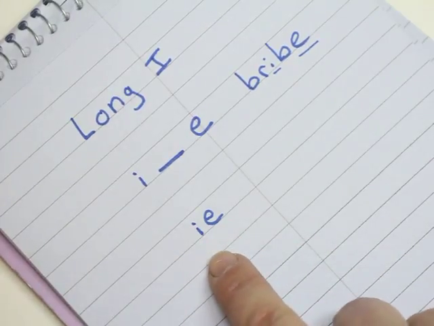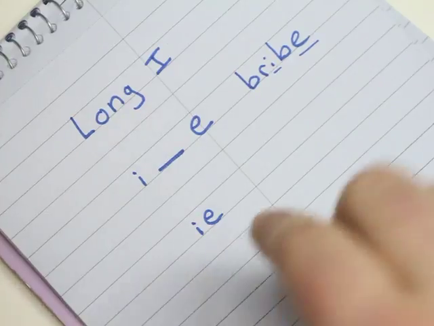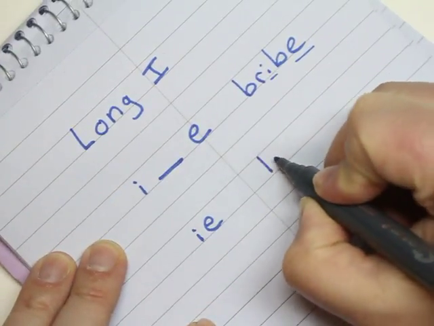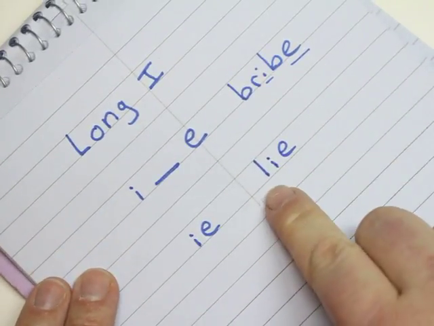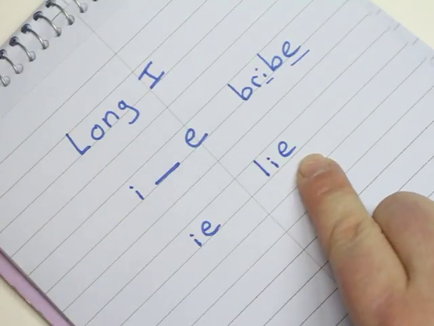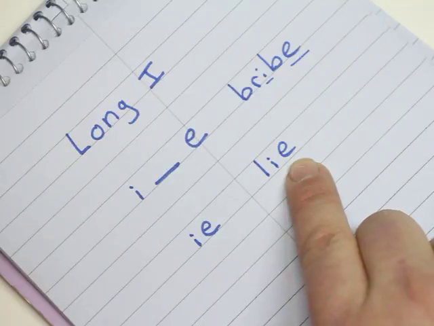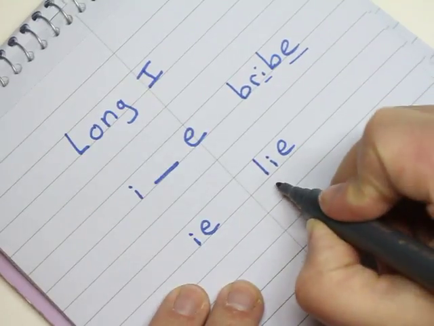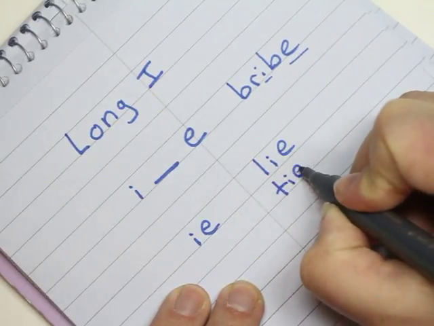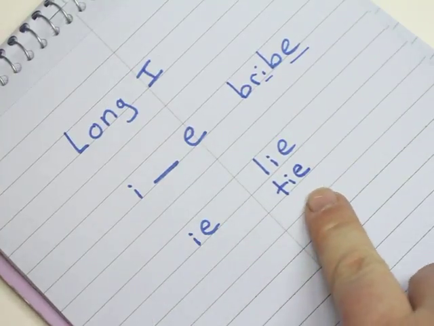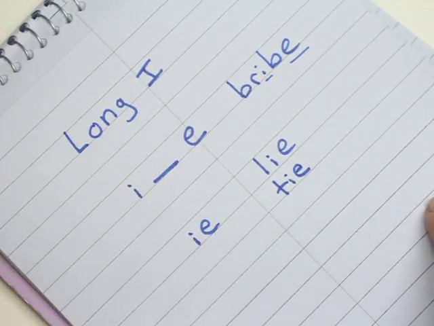So it's really fun. There's so many games you can do with it, and I'll just show you why, the L-I-E. So you have the kids lie, shh, quiet, lie, shh, quiet. You just make it into a game. It's really, really fun. Tie, same thing, and I'm sure you guys could think of many more words. But it makes sense to the children.